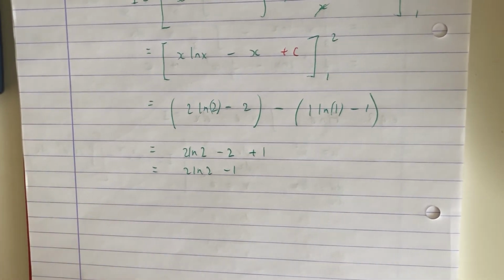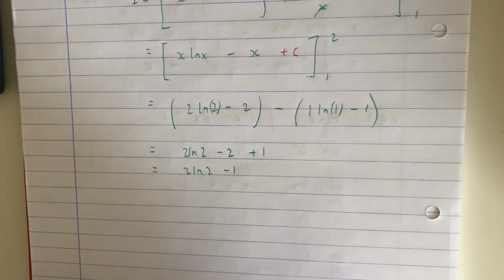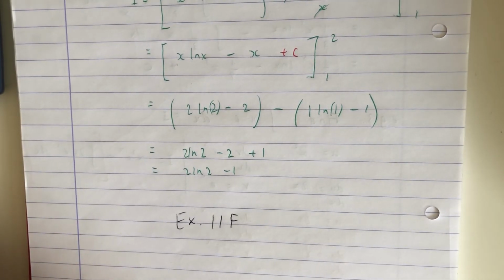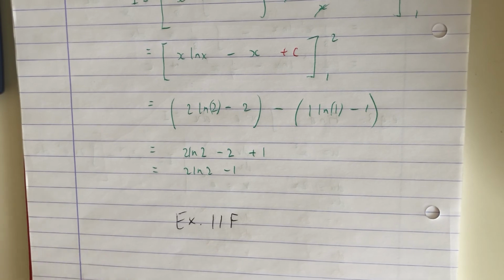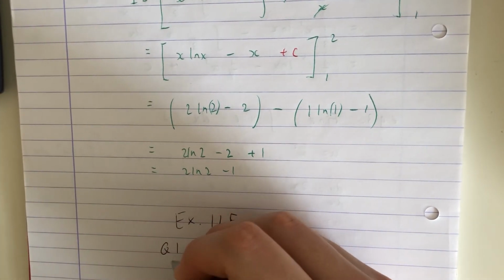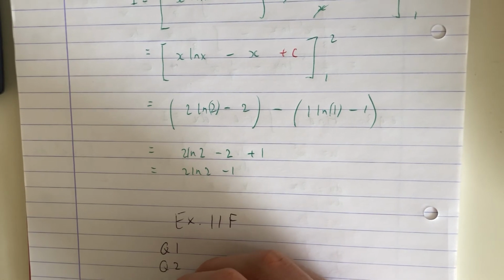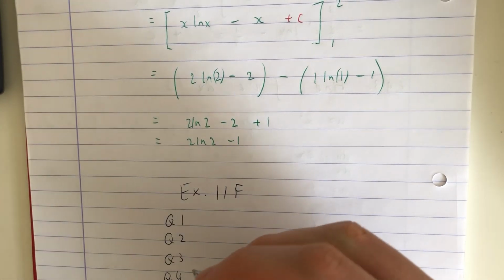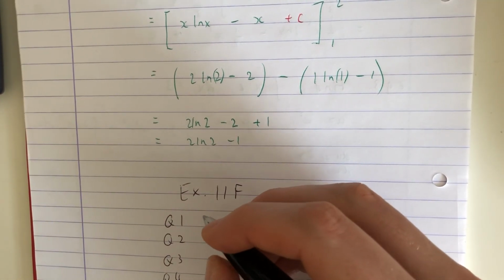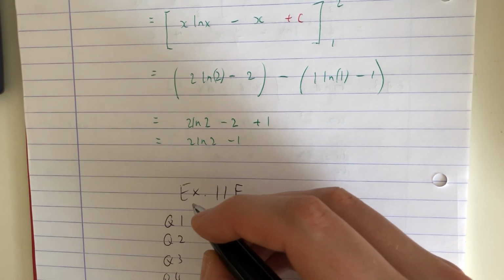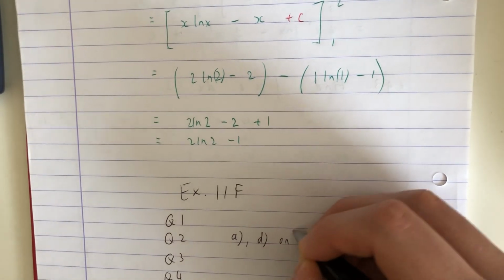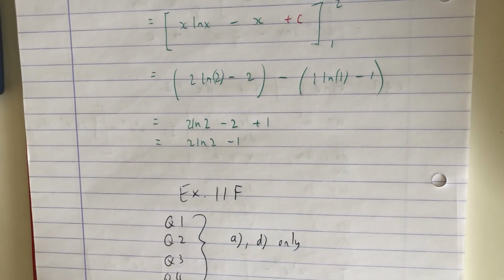Now the questions I would like you to try, just find the page. Okay, so it's exercise 11F. And if you do questions 1, 2, 3, 4, but just do parts A and D only from those.